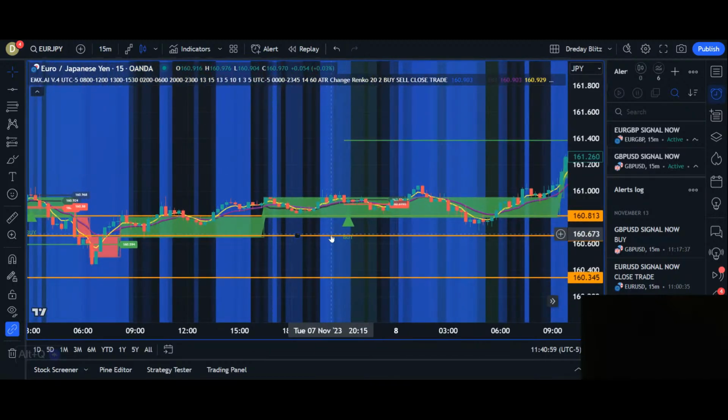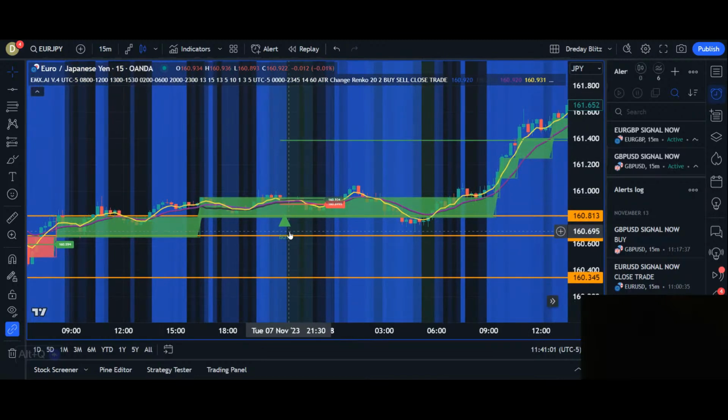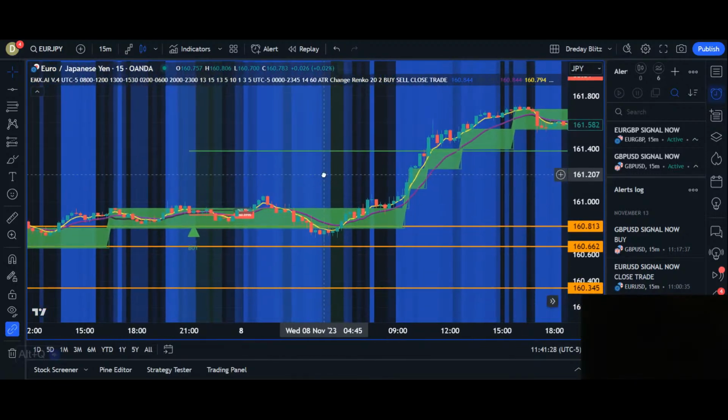Okay, same thing here. You had a buy at 9:15, so that's my time in Eastern Standard Time. So 9:15, more or less at the beginning of the Asian session, you had a buy on Tuesday, and same principle.